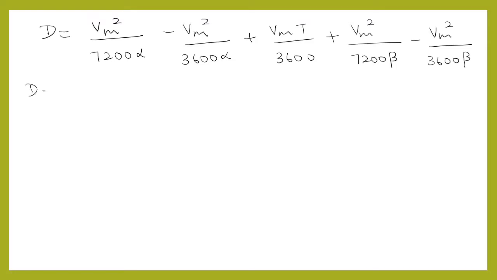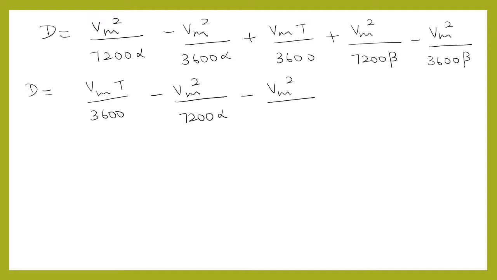So D is equal to Vmt by 3600 minus Vm square by 7200 alpha minus Vm square by 7200 beta.